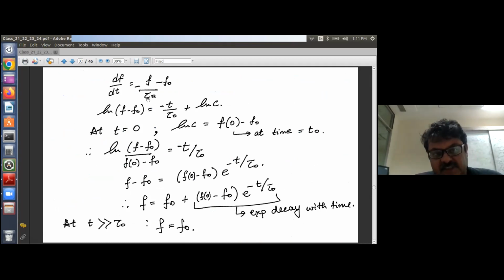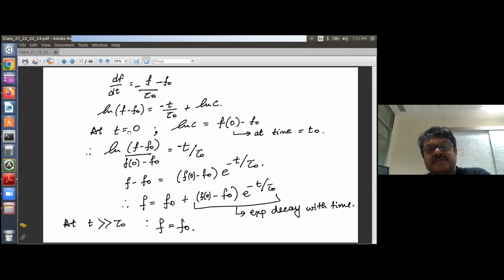The rate of change of f depends like this, and this can be integrated: df by f minus f0. When you integrate it, ln of f minus f0 equals minus t by tau 0, taking dt to the right hand side of the equation and integrating, plus ln c.